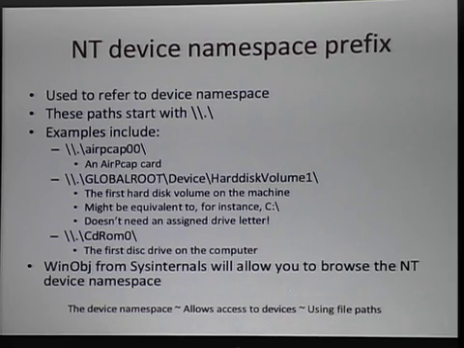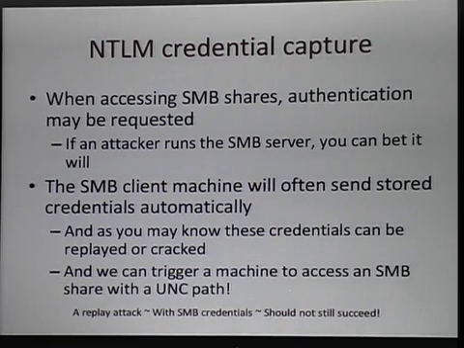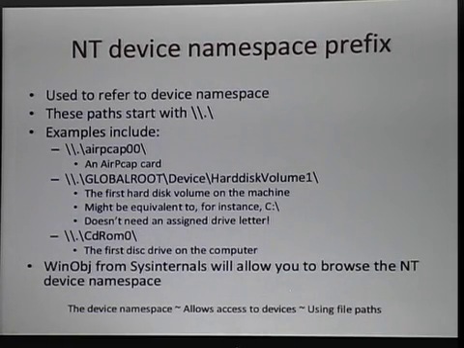Funny thing is, you don't need a drive letter mapped to this volume in order to actually access it. So let's say you're running a machine with a recovery partition on it that doesn't have a drive letter. You can look at all the files and play around with that using this prefix. So that's pretty neat. And if you want to play around with this namespace, you can get winobj from Sysinternals.